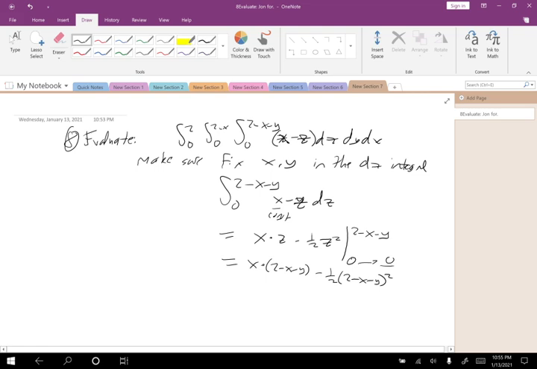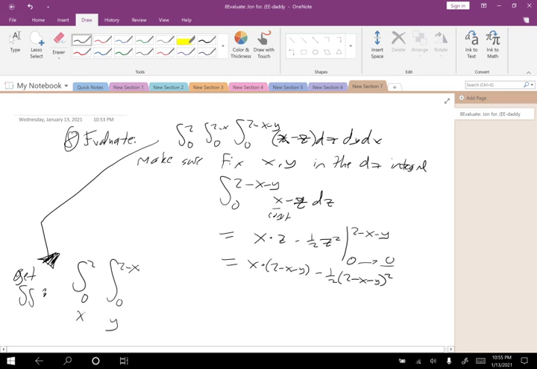Okay? So now we end up with a double integral. And that's from 0 to 2, 0 to 2 minus x. This is your x integral, this is your y integral. And we have x times 2 minus x minus y minus 1/2 2 minus x minus y squared.